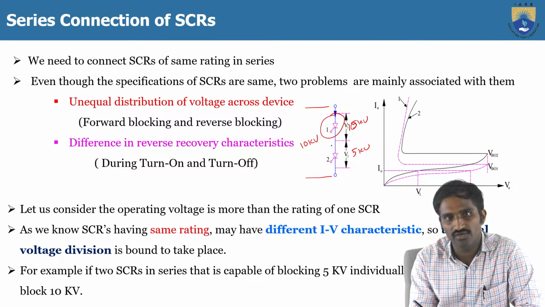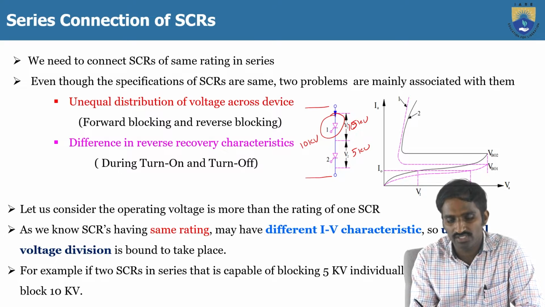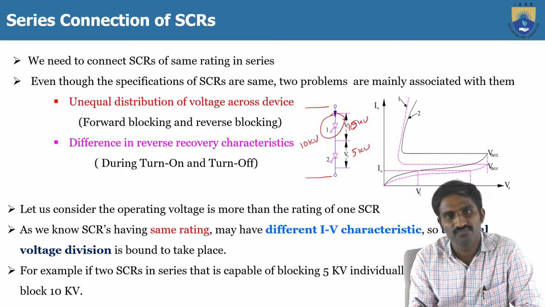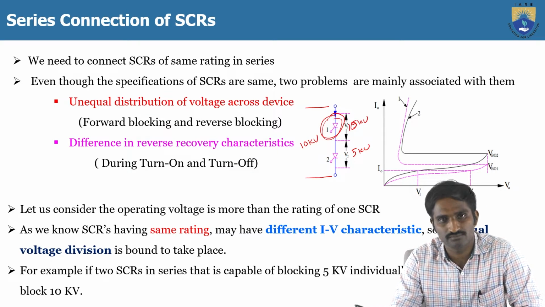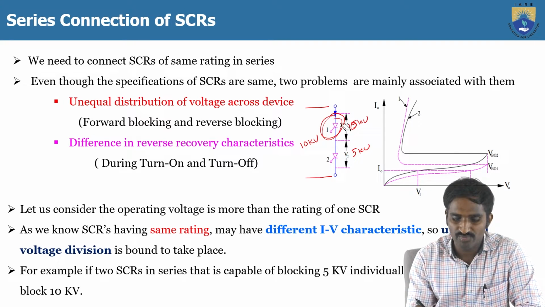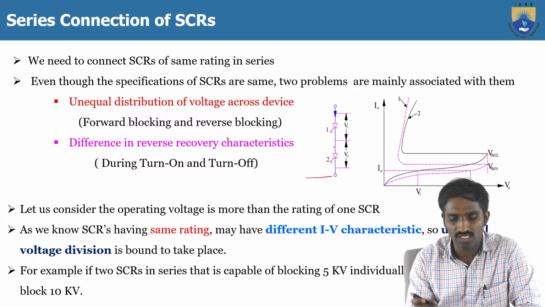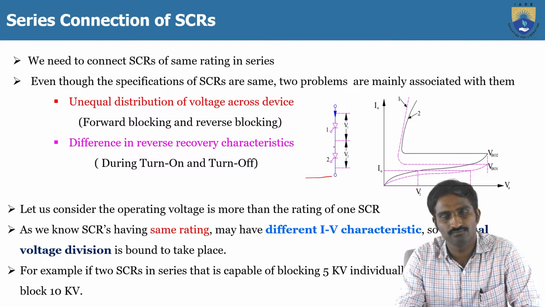It is turned off after some 5 or 10 microseconds, but before that the total voltage across the string will appear across T1, and then T1 will get damaged. Similarly, because of the unequal voltage distribution, the turn-on process also is not at the same time.